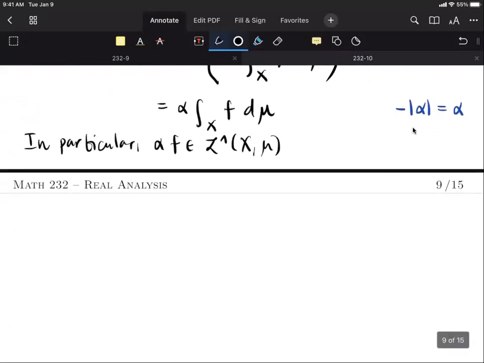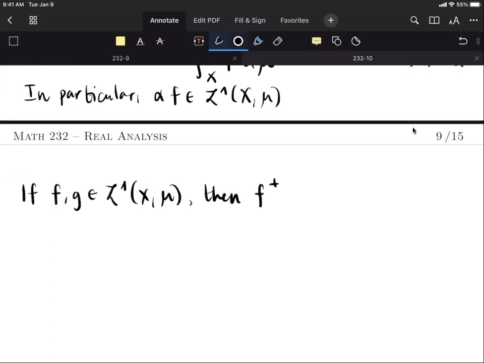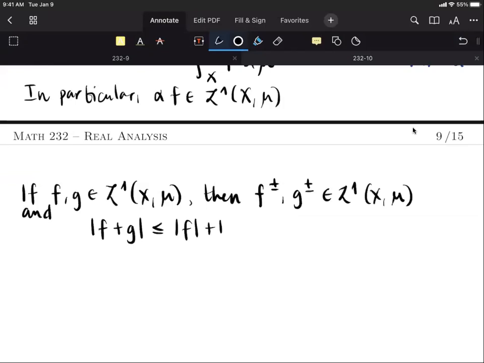Okay, now for the sum. If f and g are Lebesgue integrable, then so are the positive and negative parts. And the absolute value of f plus g, by the triangle inequality, we know that this is bounded by the following sum.